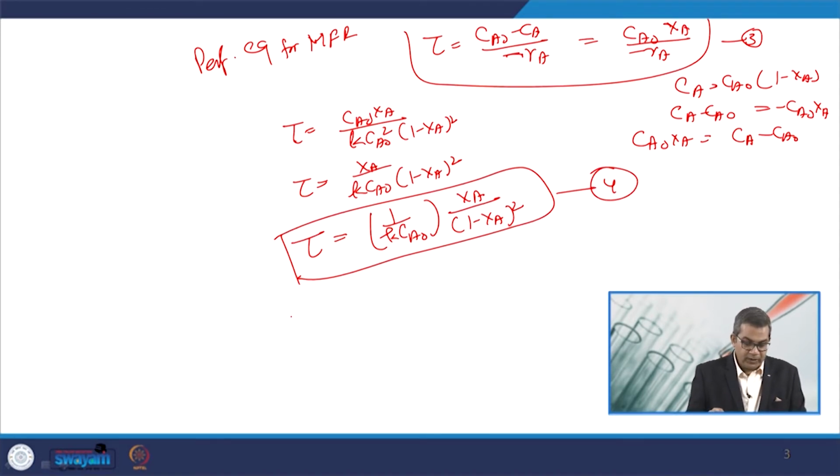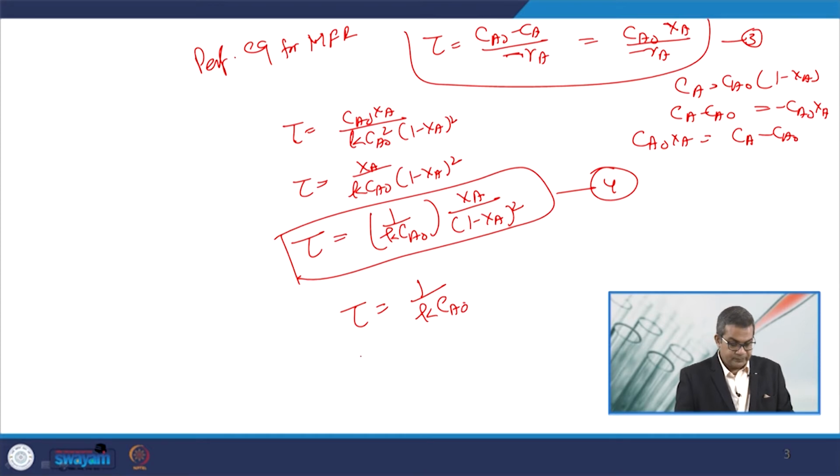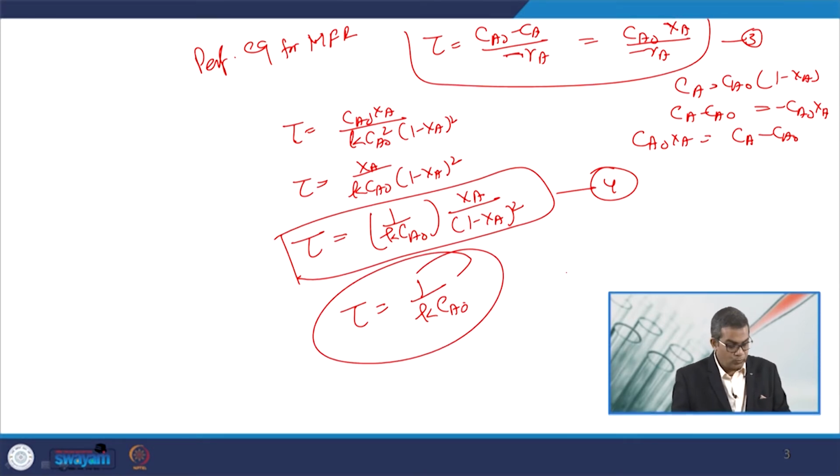For the same mixed flow reactor, the tau will become 1 upon K Ca naught. That is from my equation number 2.